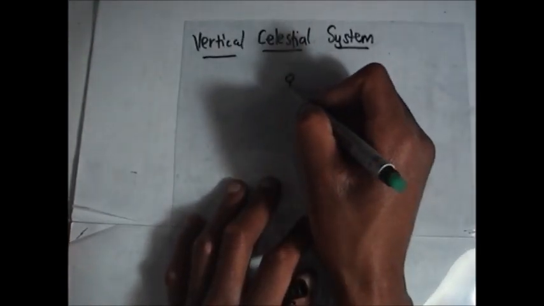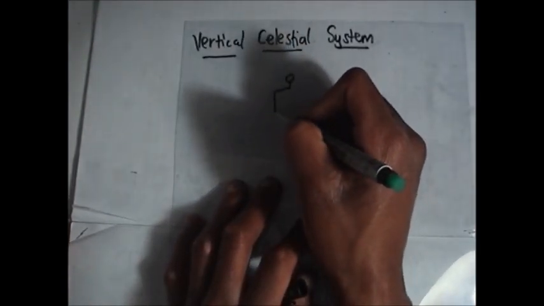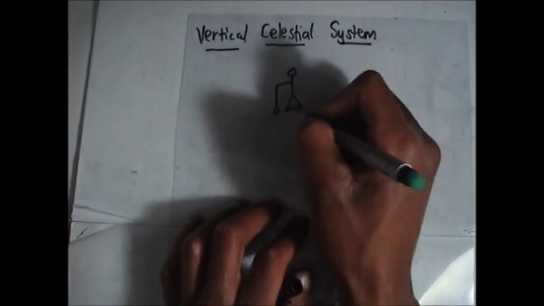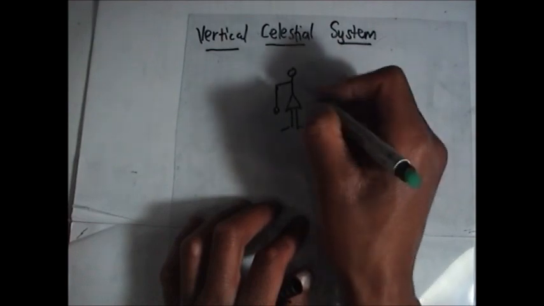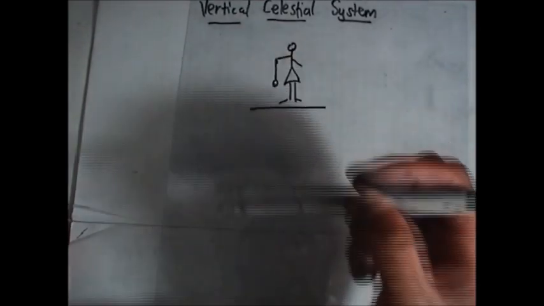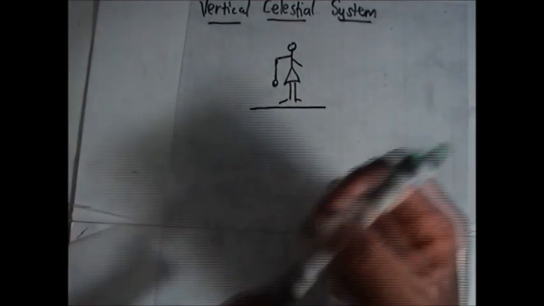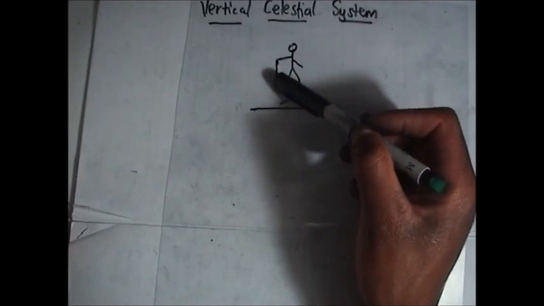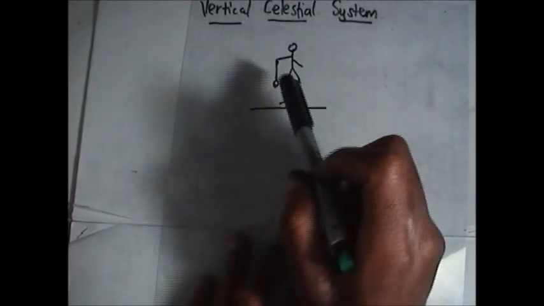So imagine this is you holding this string, and then this is the stone. This thing that you would have created when you tie a stone to a string is called a plumb line.